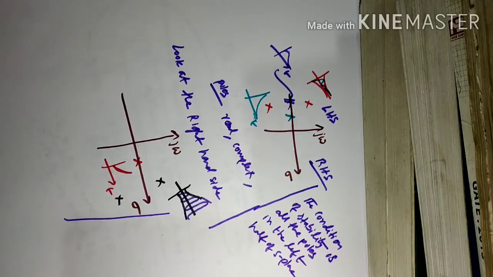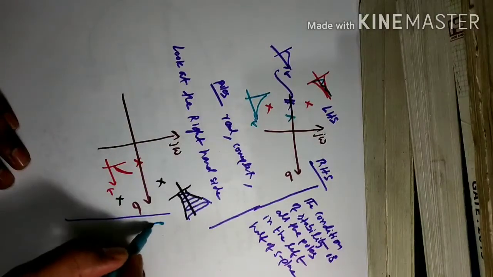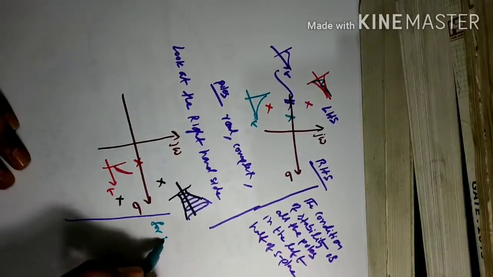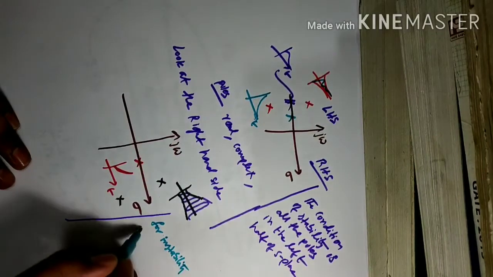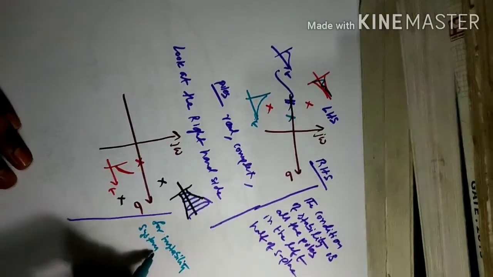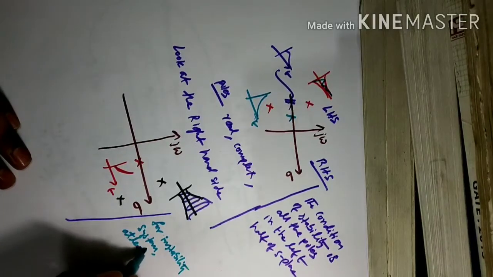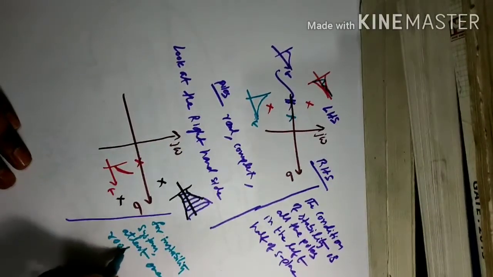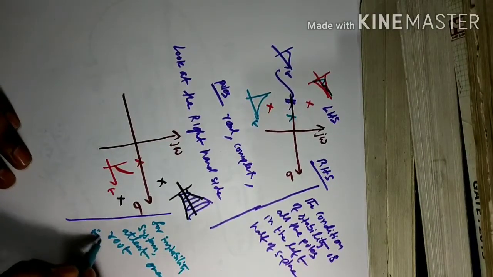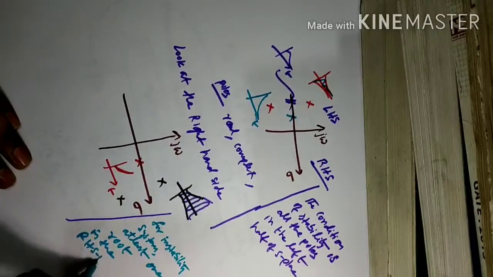So here, for an unstable system, at least one root is in the right half of the S plane.